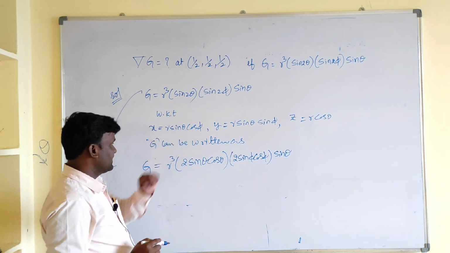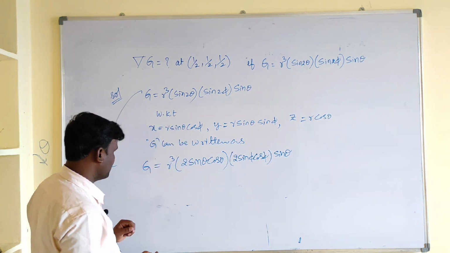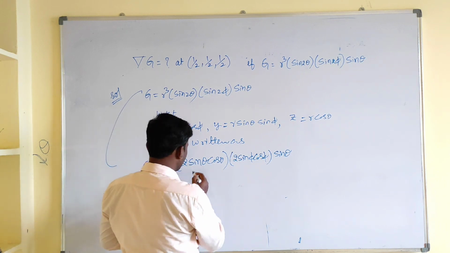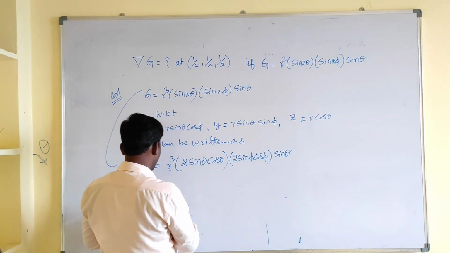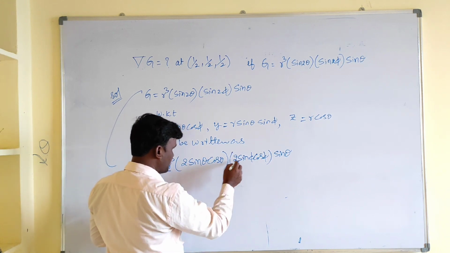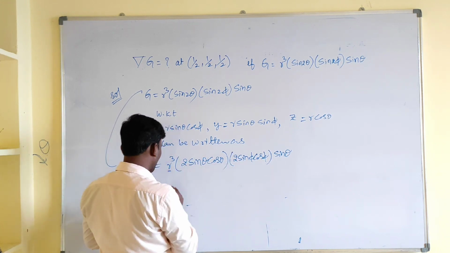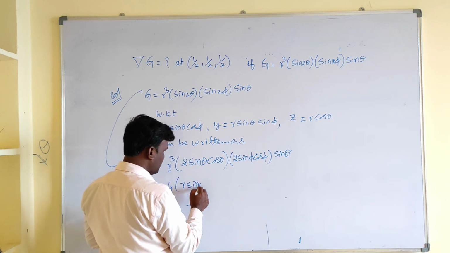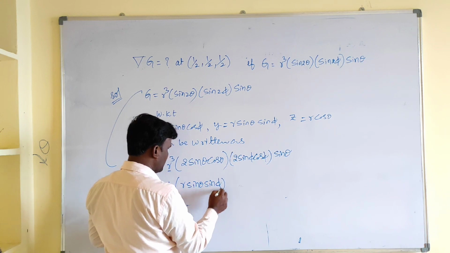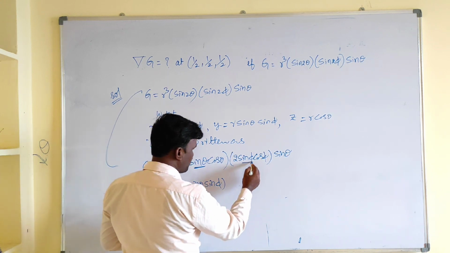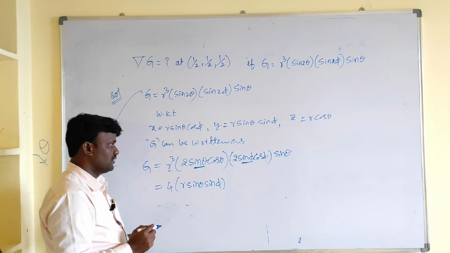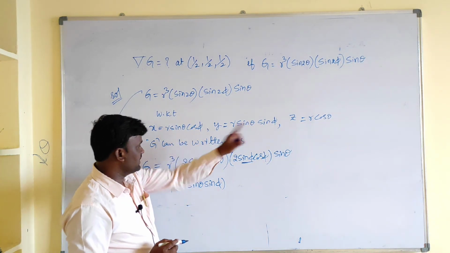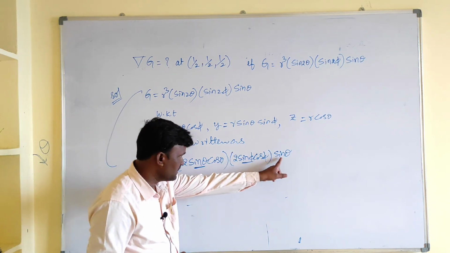X is R sin theta cos phi. Here I have one term R and sin theta, and here I have cos phi. Before writing that, the constants 2 into 2 give 4. Let us write R sin theta sin pi, so that this sin theta and this sin pi are used. Next, R sin theta cos pi: here I have sin theta.